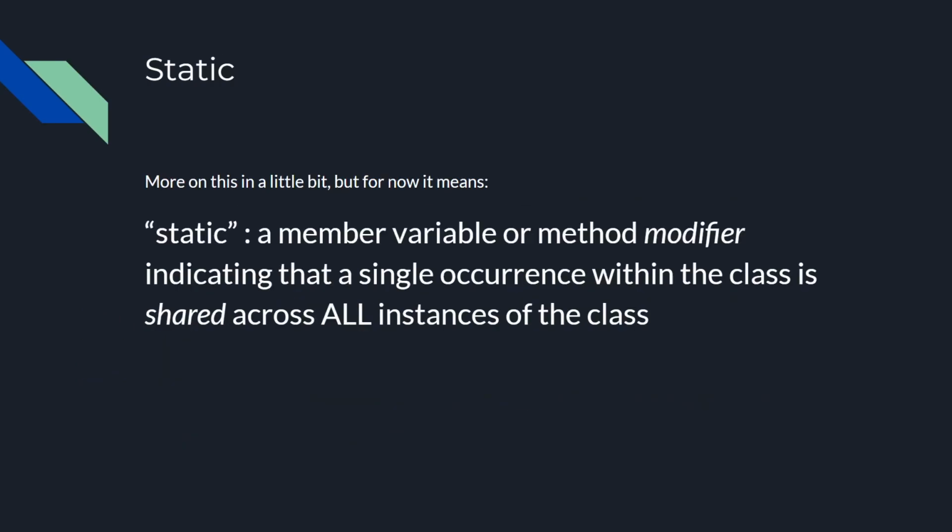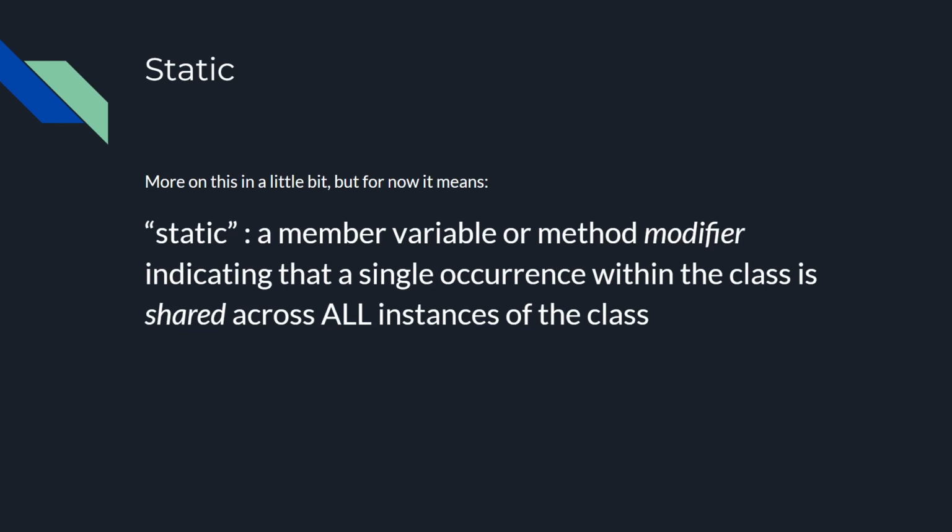So statics are pretty powerful, right? Just get the idea, let it sink in that when we have a static, something that's static to a class, it's shared across the entire class as opposed to any other methods or variables that are created on an instance level, so you have multiple of them, right?